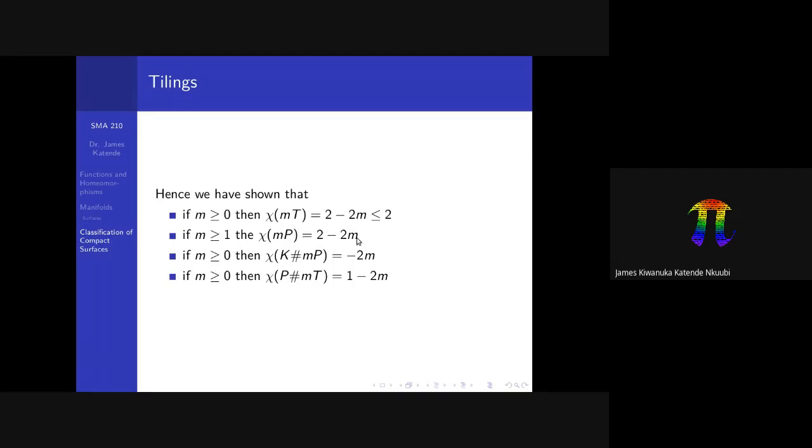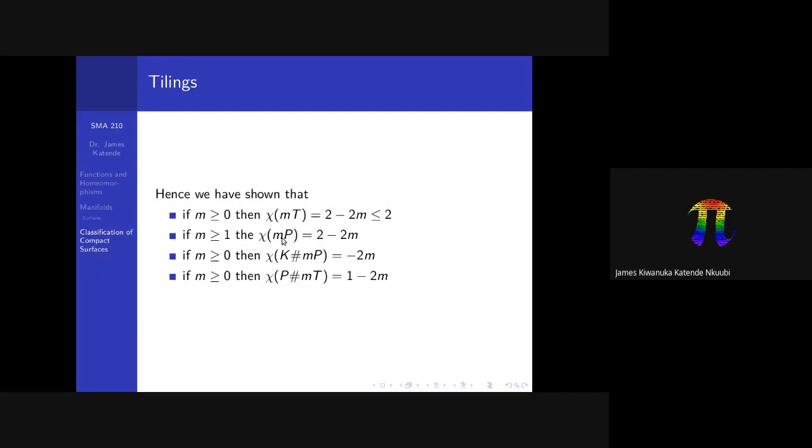So if m is 1, you get 2, because this will just be 2 minus m. If m is 1, we get 2. If m is 0, although we don't allow 0, if m is 2, we get what? 2 minus 2 will be 0.